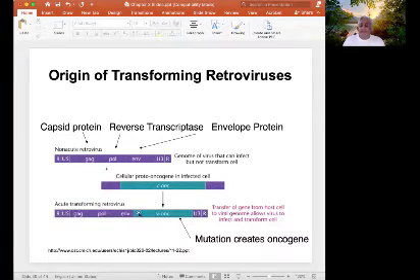And this is how they are now able to transform cells, because they somehow are able to change this gene to become problematic for the cell that it infects. So if I'm a virus and I infect a cell and I'm carrying the v-onc, then I'm going to cause that cell to transform and become tumorigenic, right?